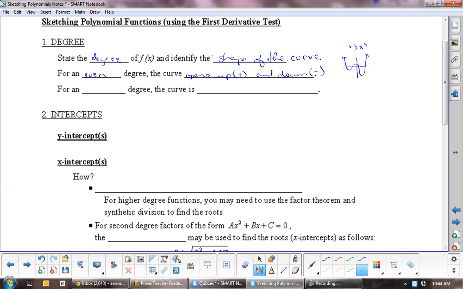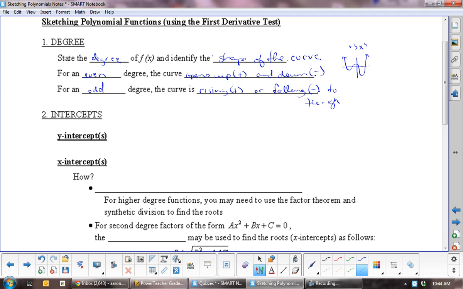For odd degree, so like x cubed, x to the fifth, the curve is rising when it's positive or falling when it's negative to the right.